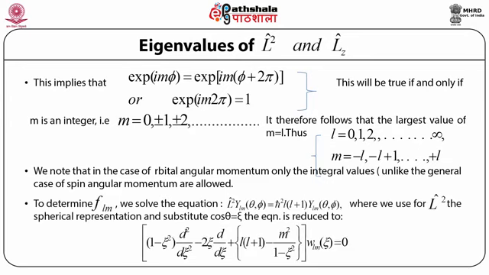Now, in order to determine the function f_lm, which we came across earlier while defining our spherical harmonic Y_lm(θ, φ), we solve the equation: operator L² acting on spherical harmonic Y_lm(θ, φ) gives the value ħ² l(l+1) times Y_lm(θ, φ), where ħ² l(l+1) is the eigenvalue corresponding to the operator L² acting on the spherical harmonic.